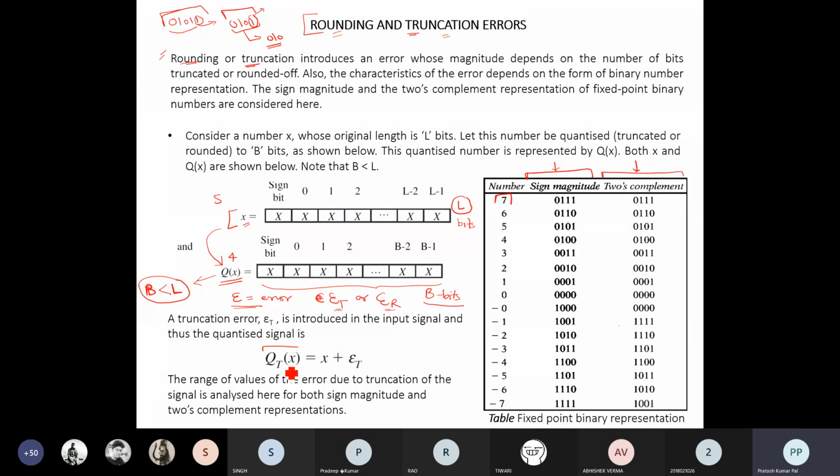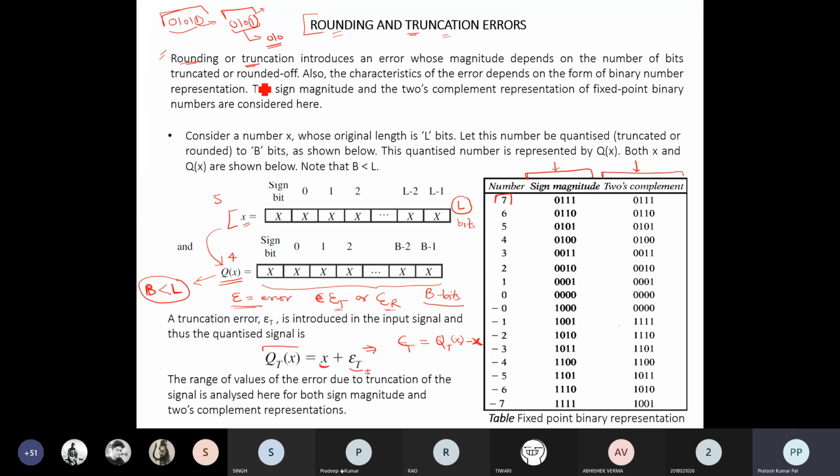It is the complete initial value along with the error. This error could be positive or negative. After adding the error to the initial value, we get the quantized value. From there, if we want to find the error, it is given by the quantized value minus x, the original value. This is how the error is represented.